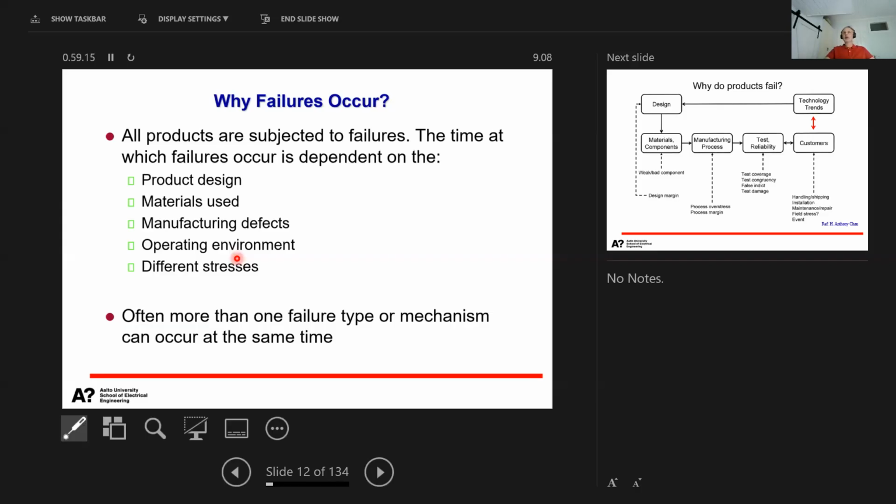Meaning that there could be simultaneously, let's say, electromigration, which is driven by high electron flux. There could be electrochemical migration, which is driven by humidity and impurities. There could be, for example, fatigue, which is defined by, let's say, vibration loading. And all these are happening at the same time, but it might be that only one of those really defines the reliability, because that's the dominating mechanism.